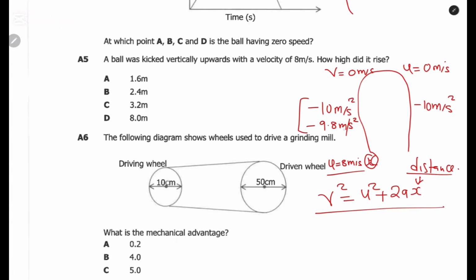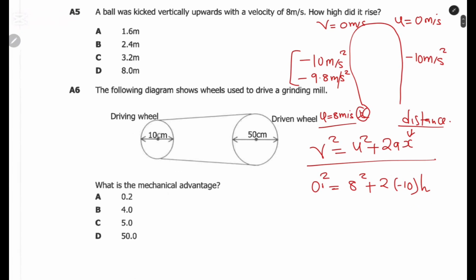We need the formula that has acceleration and velocity, that is the initial and the final. So the final velocity here is 0 meters per second. So 0 square equals initial 8 square plus acceleration, here -10, then of course height, h. All right, so now this is 0, this is 64, and this is negative 20 h.